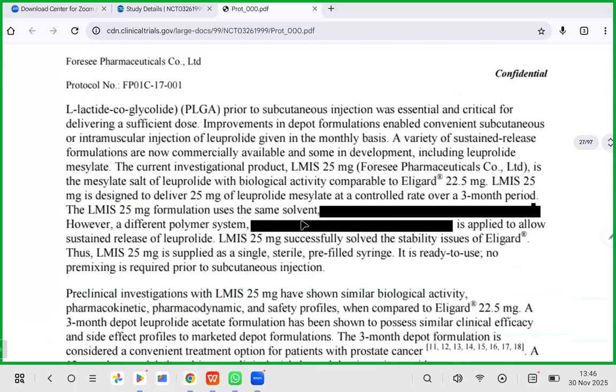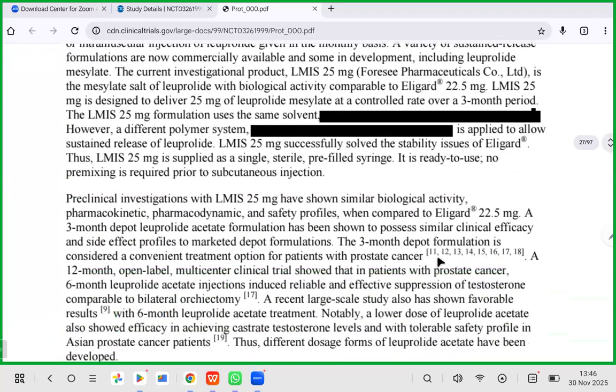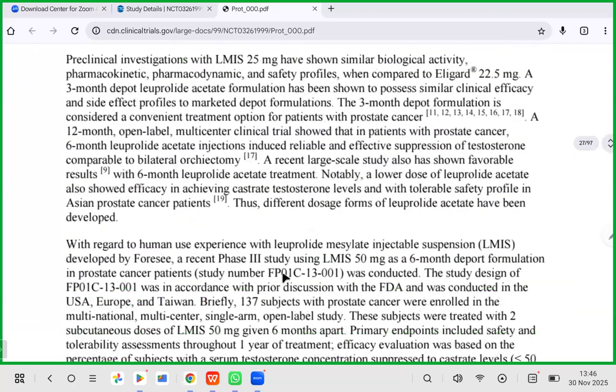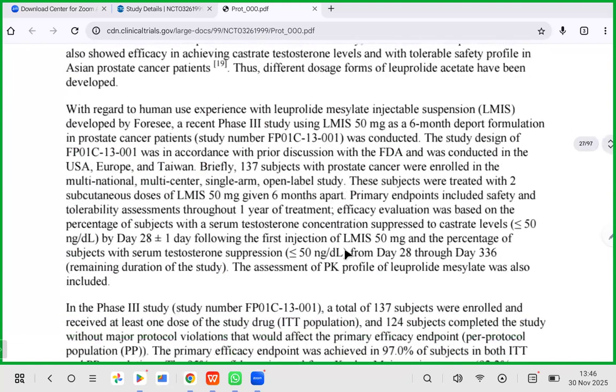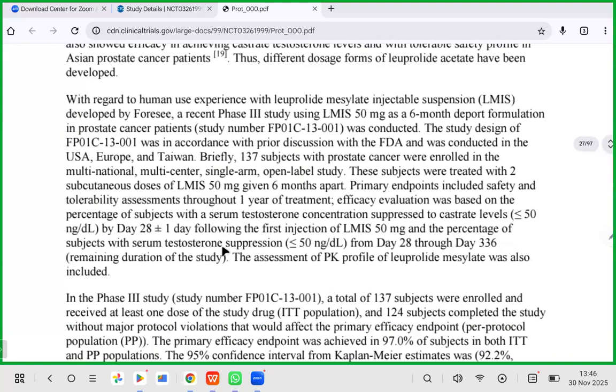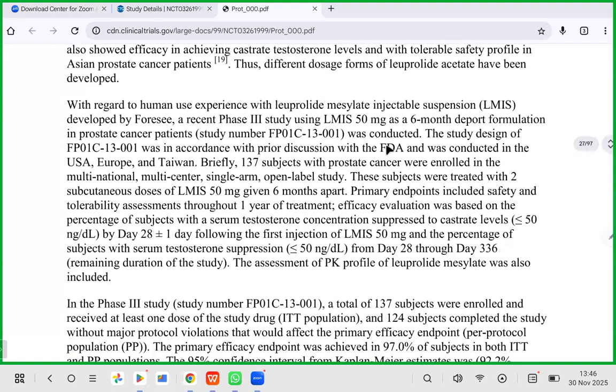If there is any confidential information, they will mask the details in the protocol. Okay, and then they will explain why they are conducting this study. Okay, so they are telling there were 137 subjects enrolled in this clinical trial. And then they are talking about the primary objective and secondary objective.